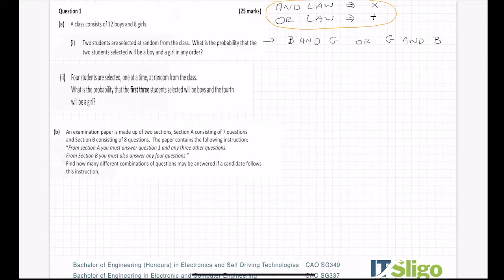Okay, what is the probability that it's a boy? Well, my probabilities are up here. So total in the class is 20 students. Okay, so the probability that it's a boy is 12 over 20. That word AND means I'm going to multiply that by the probability that it's a girl.